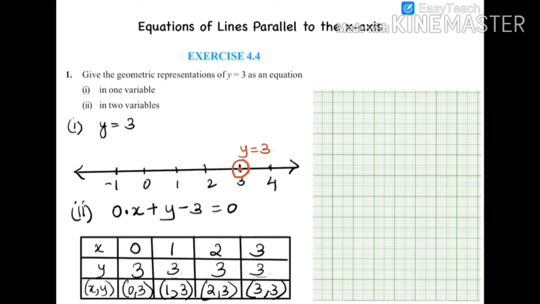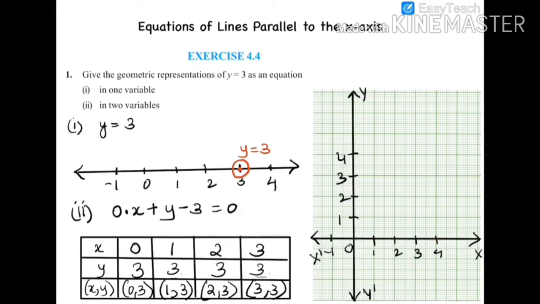Let's represent these points on the graph. So (0, 3) lies over here, (1, 3) is here, (2, 3) is here, and (3, 3) is here. On joining these points, you will get a straight line that is parallel to the x-axis.